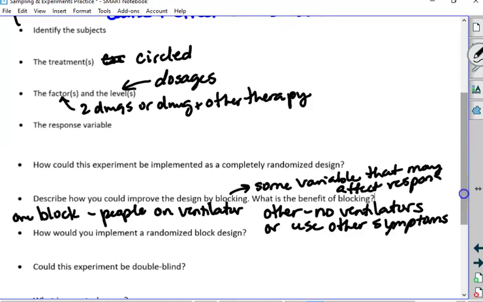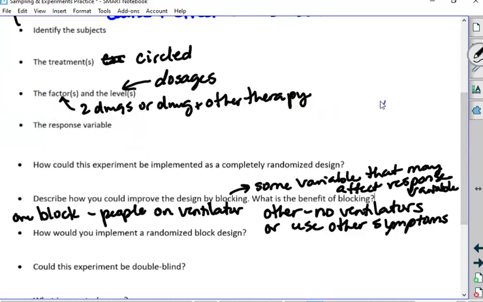So you wouldn't block on their favorite flavor of ice cream, because that probably has no effect on whether that medicine works. I know that's kind of weird, but you wouldn't block on what state they lived in or something like that, or their political affiliation. So you're not going to block on something that has nothing whatsoever to do with the response variable. So the response variable in this case would be their response to the medicine.